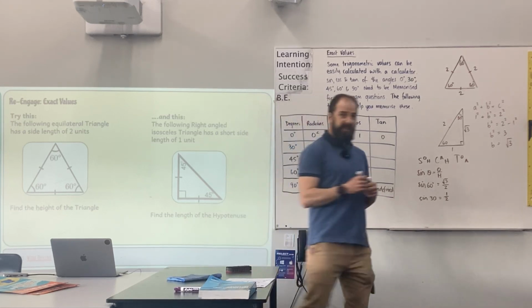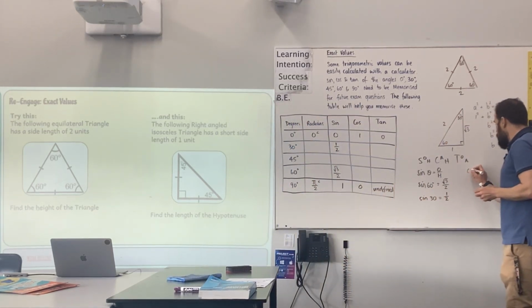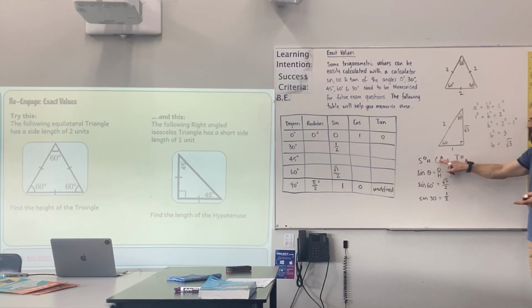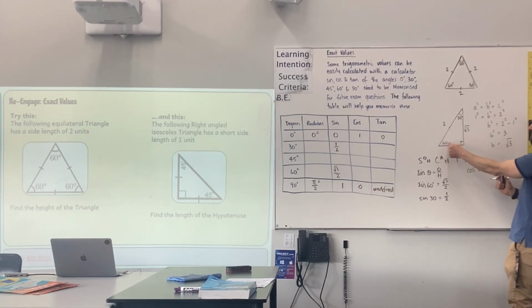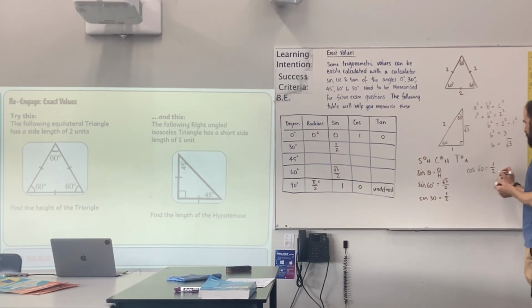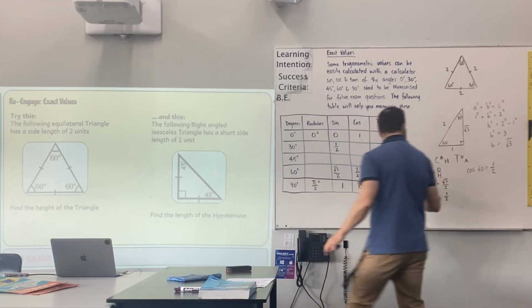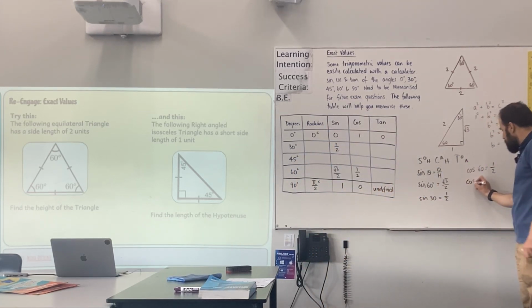Do the same for cos. Cos of 60 degrees. What's cos? The adjacent divided by the hypotenuse. So cos of 60, the adjacent, 1, divided by the hypotenuse, 2. Cos of 60 is 1 over 2. What is cos of 30 degrees?